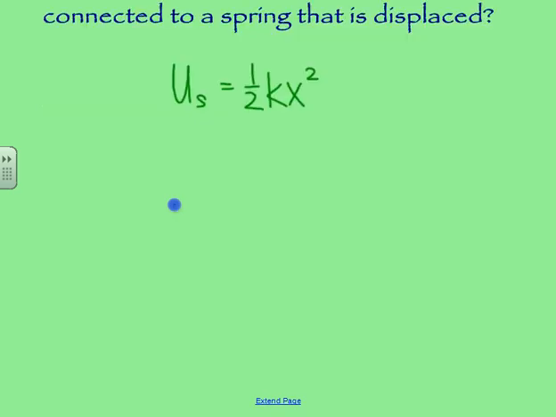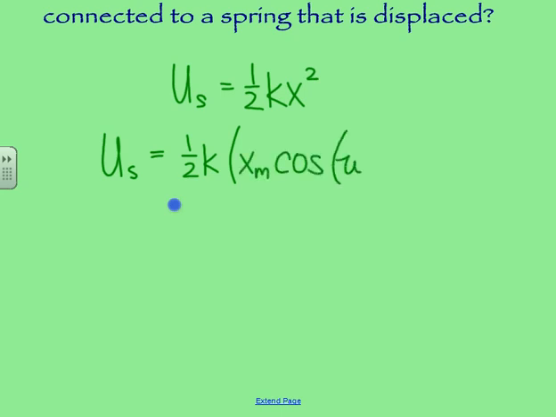For an oscillator, we can write an expression that tells us how much elastic potential energy it has at any point in its motion. That equation just plugs in the value for x of t. So xm cosine of omega t plus phi.